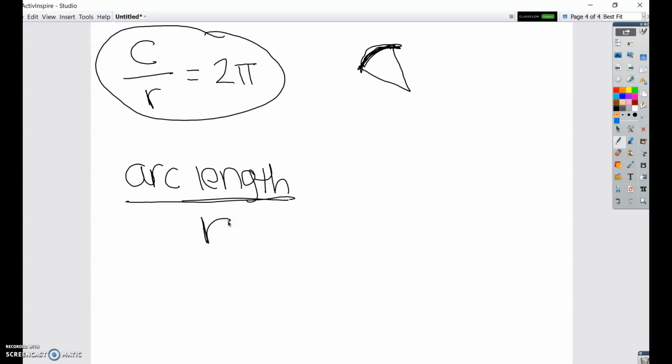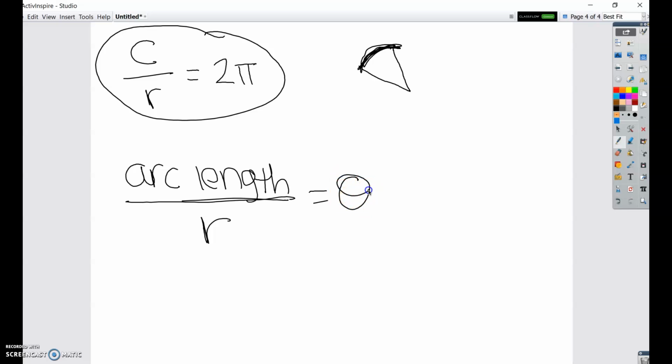And because arc length is a part of the circumference, it maintains this relationship with the radius, but no longer 2 pi, because remember 2 pi was if I had a full circle. Well, I don't have a full circle. I have this little partial circle. So instead of setting it equal to 2 pi, it's just equal to some number of radians. Actually, instead of writing radians, I'm going to write theta. Sorry if that's confusing.